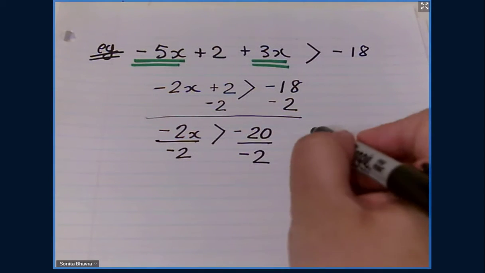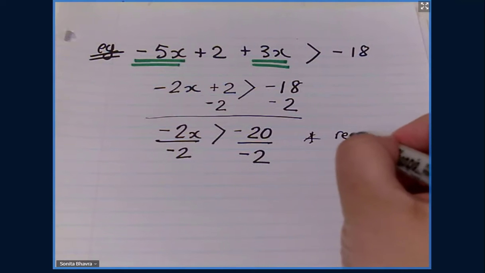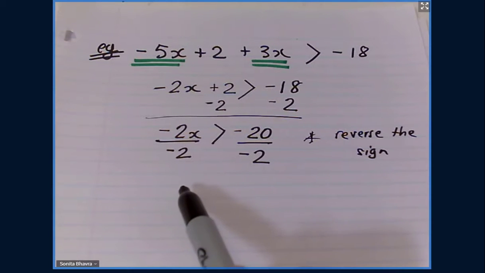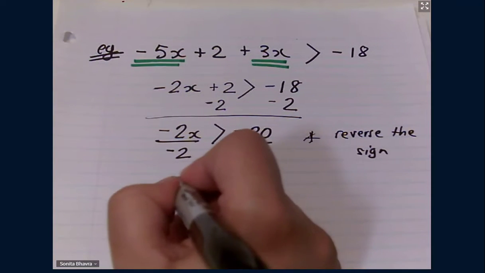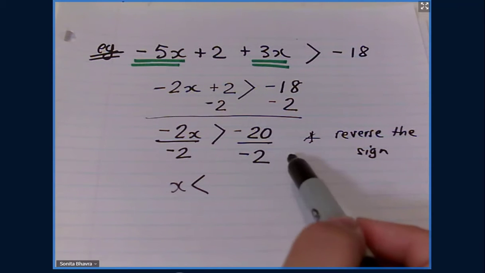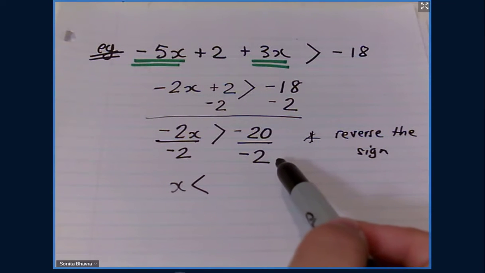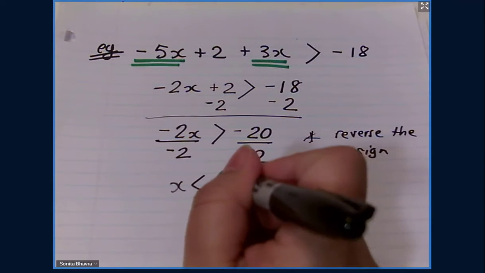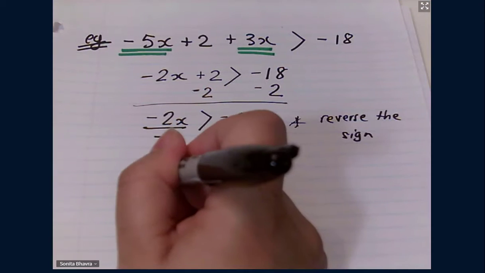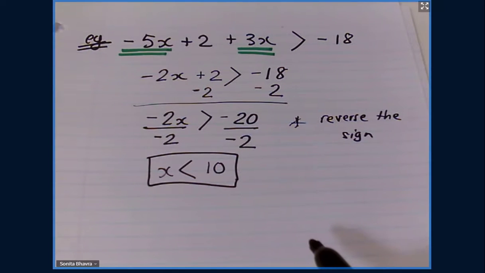And here is where we reverse the sign because we're dividing by a negative number. So we have flipped it there. And then negative 20 divided by negative 2 is 10. All right, so this is the answer.